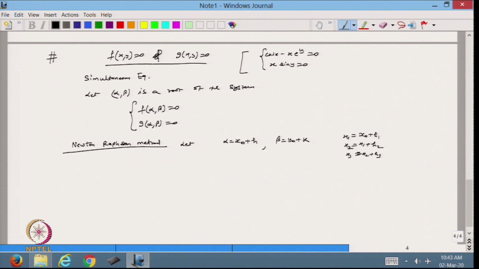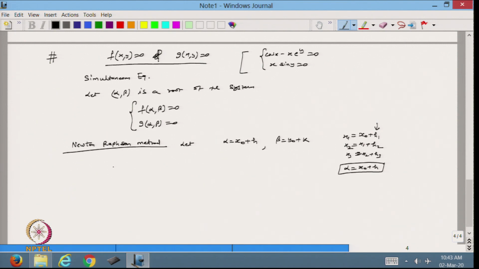So, I am considering all these h1, h2, h3, and maybe taking the maximum of this error or the summation of this error, and I am considering that I get my alpha as x0 plus h. So, I am making this error independent of the iteration. That is why I am considering x0 plus h. Similarly, I am considering beta is equal to y0 plus k.